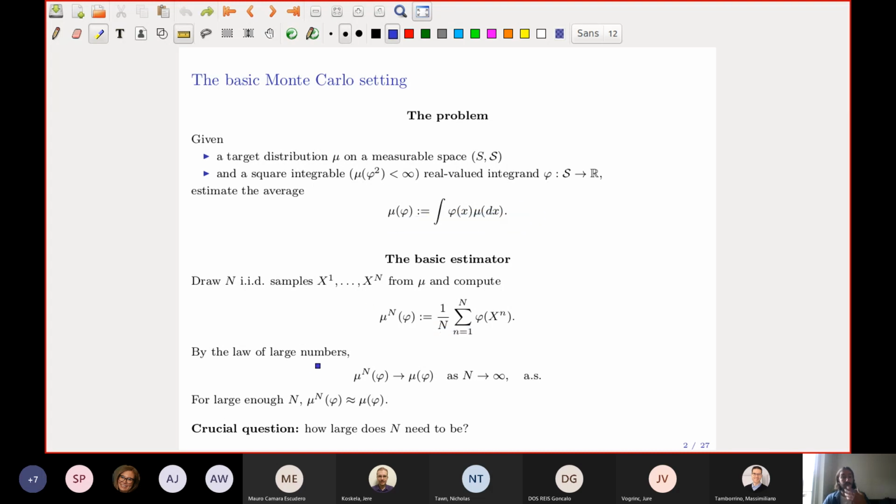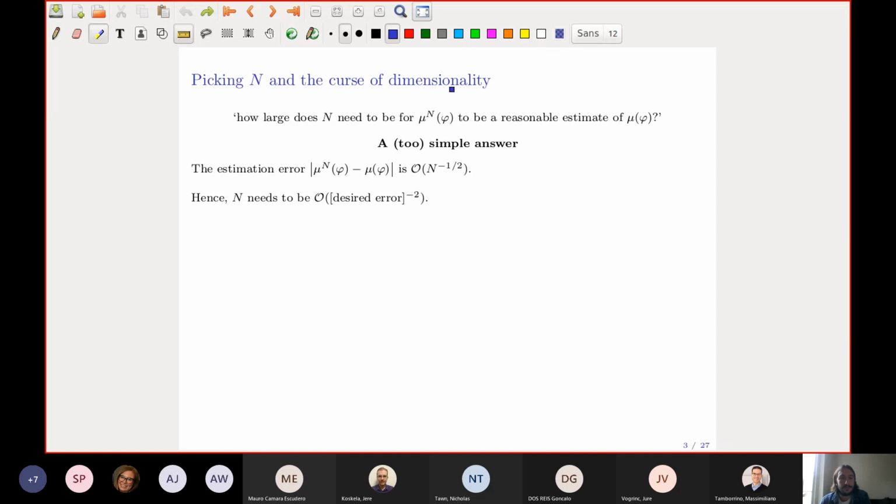So if we draw enough samples, if we choose a large enough n, this will be close to our actual target. And at that point, you hit what I think is probably one of the most hideous questions in Monte Carlo, which is, okay, what does this large n mean? How many samples do I actually need to draw in practice? Most of these texts will start by giving you an answer of this type.